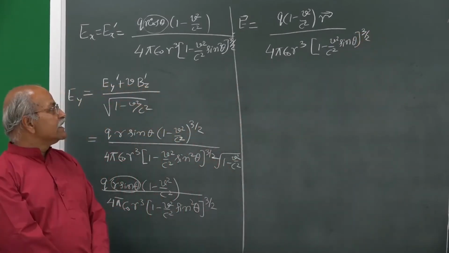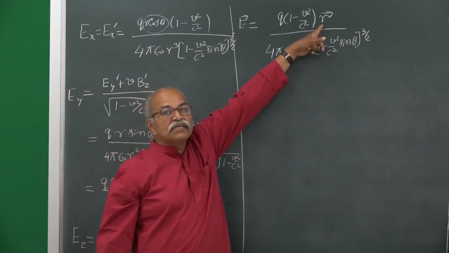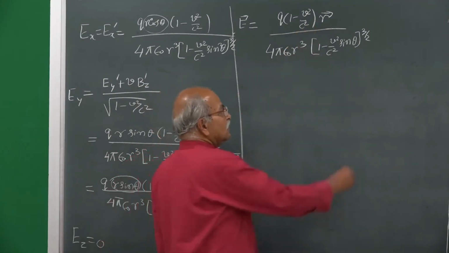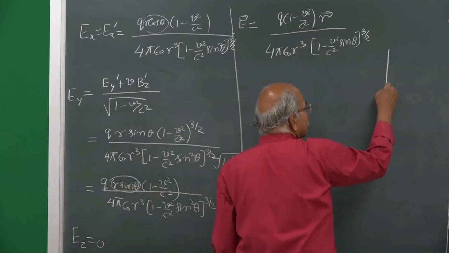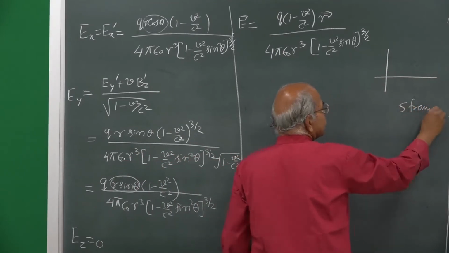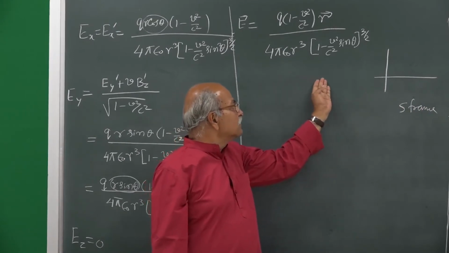So, what you see is that the electric field is in the direction of the position vector r. That means, if I have this picture, now I am drawing in the S frame, the particle is coming from, say, the negative x axis side and then it is going this way.